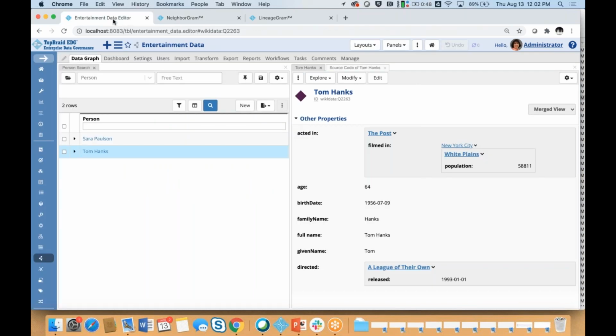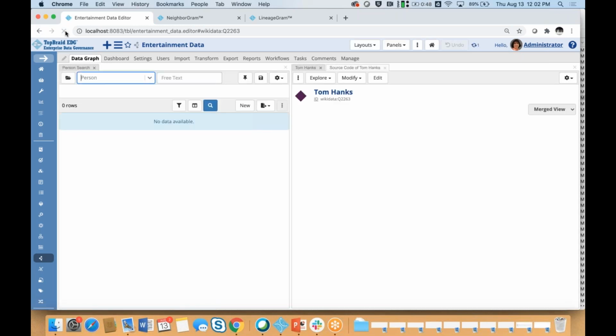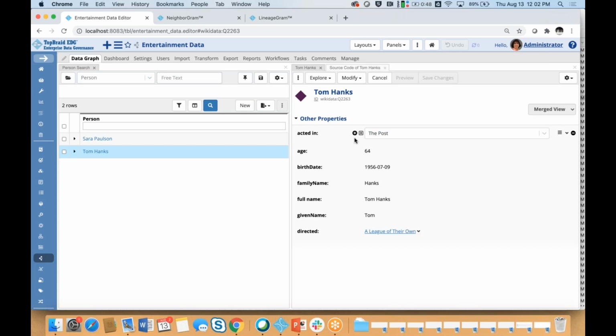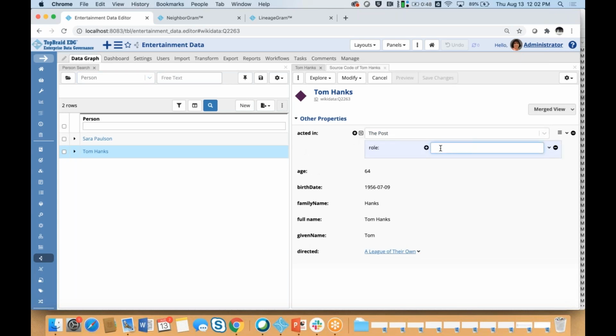I want to point out something else. So let me actually refresh here and create this annotation about who Tom played in that movie.